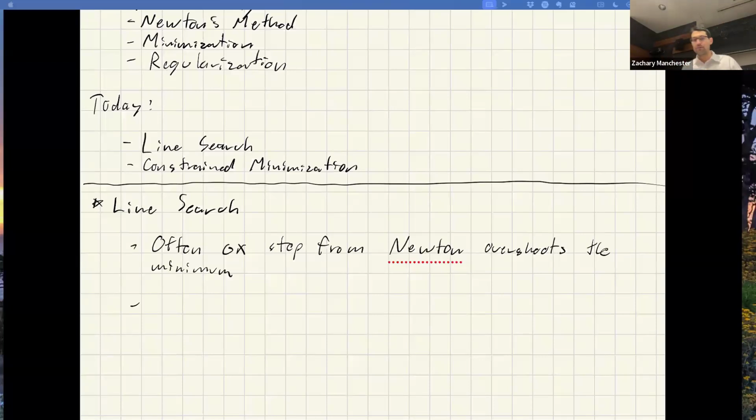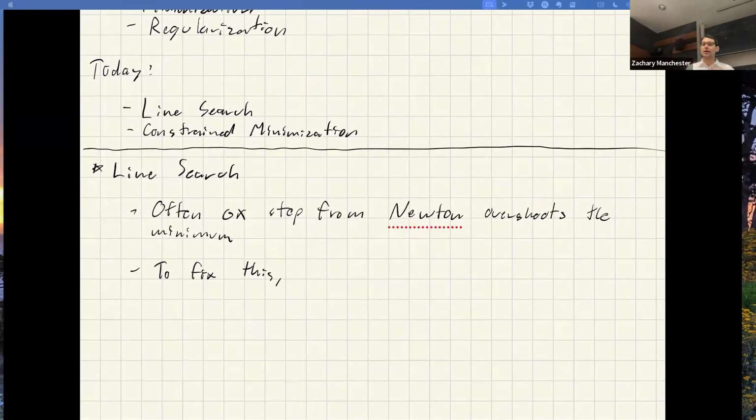It's a very straightforward hack that we use to fix this. We're going to do something called a backtracking line search. There are lots of variations on this, many, many ways to do it. We're going to do the simplest one that actually works in practice.